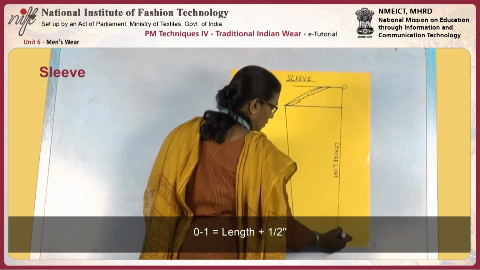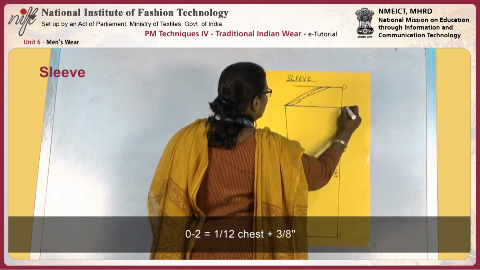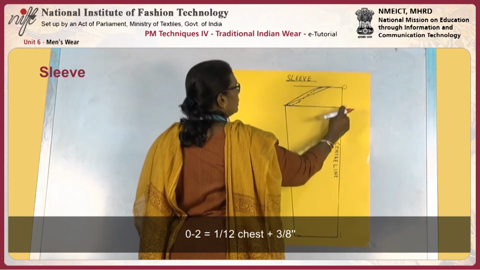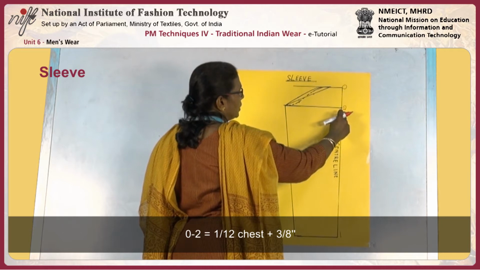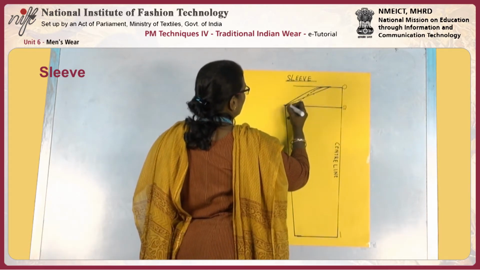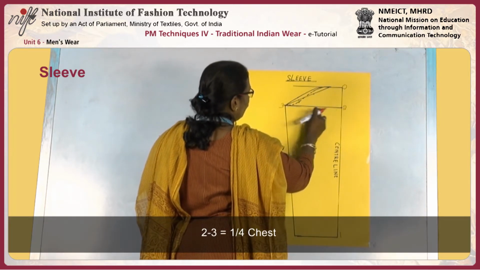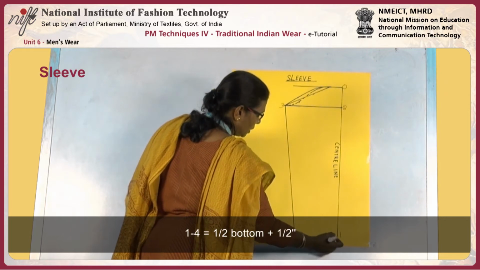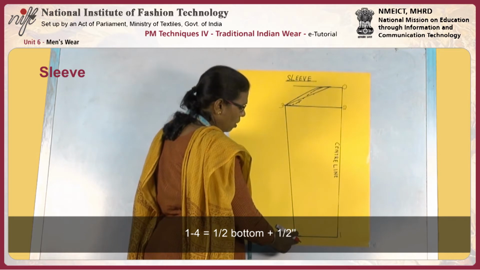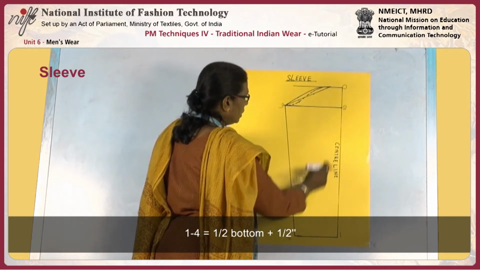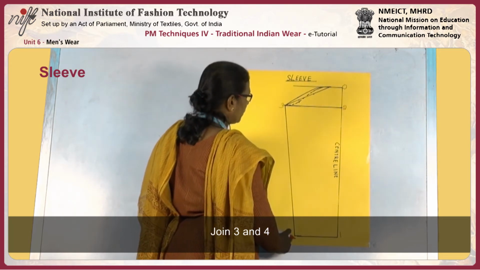0 to 1 is sleeve length plus half an inch. 0 to 2 is the crown depth, chest by 12 plus 3/8 of an inch, and 2 to 3 is 1/4 of chest, 1 to 4 is off arm round plus half an inch, and draw the perpendicular line and connect 3 and 4.